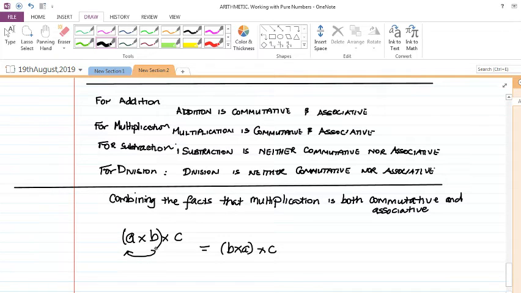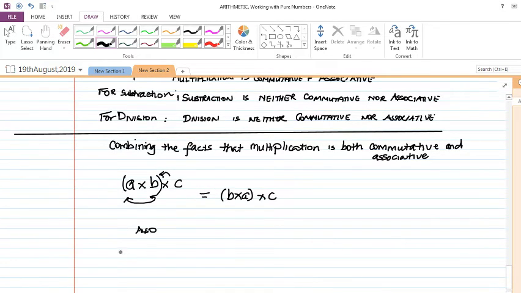I could turn this around, I could spin it around and get B times A. Since A times B is B times A, then A by B by C is B by A by C. Okay? Also, since it's a bracketed term, I can use the associativity and commutativity now, and change that around again.